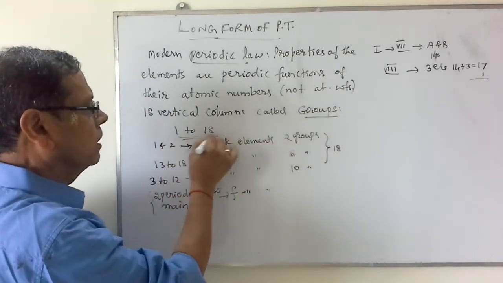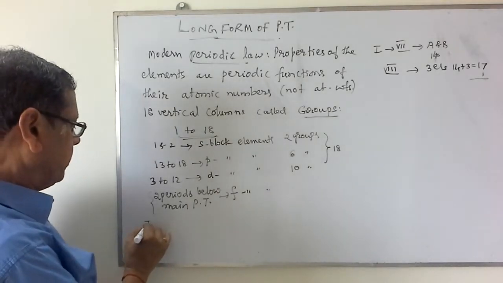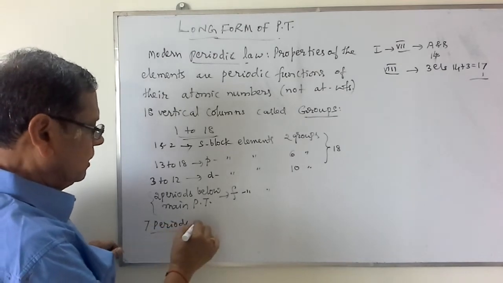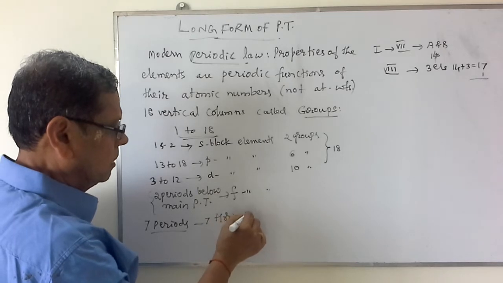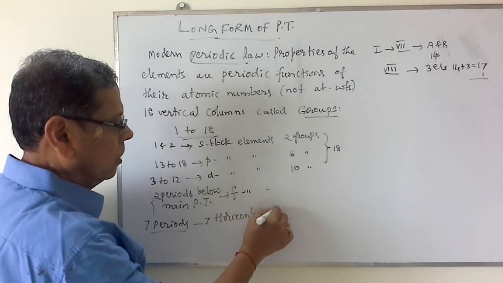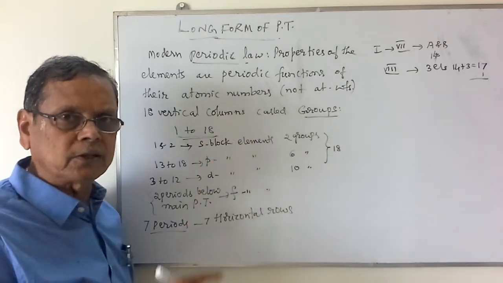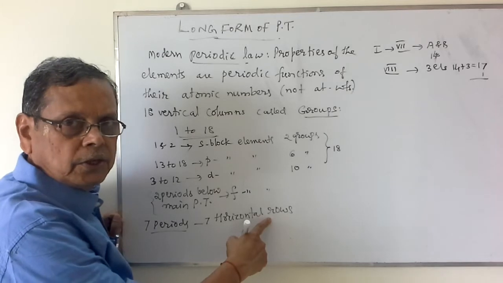Totally 18 vertical columns which are called the groups, and 7 periods. These are the 7 horizontal rows. Even in Mendeleev's periodic table there were 7 periods, the same 7 periods were considered.